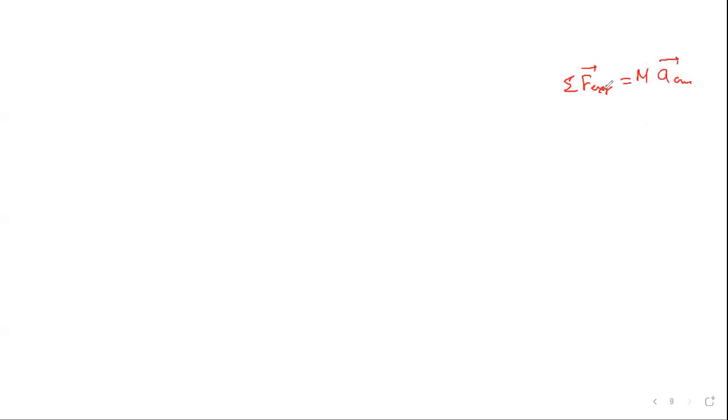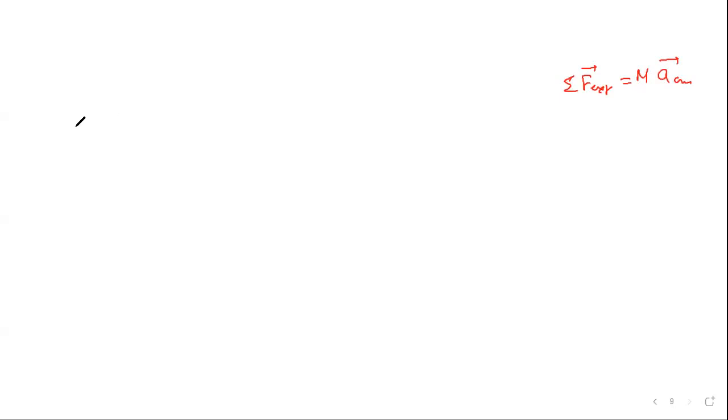That means the direction of acceleration of the center of mass is the same as the net external force, and the magnitude of acceleration is the magnitude of external force over the total mass.